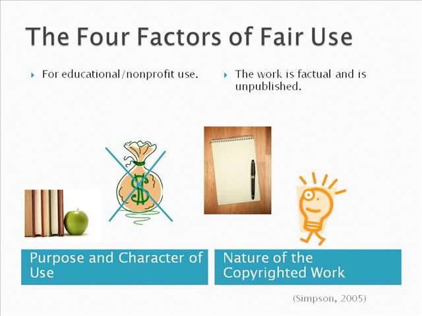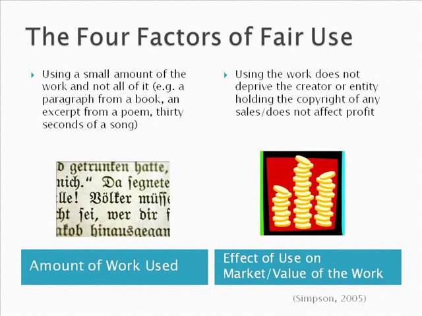Second, you must ask, what is the nature of the copyrighted work? If the work is factual and is unpublished, then this factor works in your favor. It is harder to prove fair use when a work is creative in nature and is published. For the third factor, amount of work to be used, you must consider how much you plan to use. If you are using a small amount, say a paragraph from a book or 30 seconds of a song, then you can claim fair use.